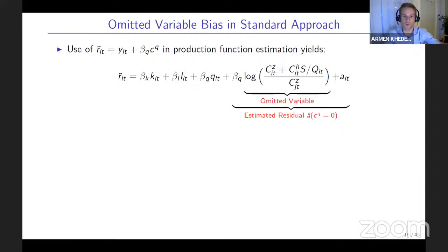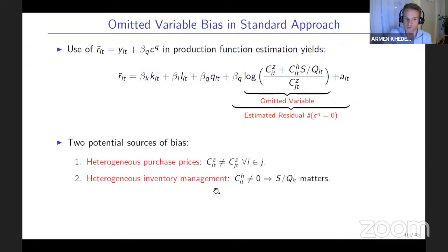All right, so once you consider that firms are actually pricing by taking that into account, this term on the right-hand side pops up. And this is the omitted variable that we're trying to make the case is very important. Because when you estimate using these deflated revenues, you will not obtain A. The estimated residual is going to be the sum of the two, which is potentially going to lead to two biases.